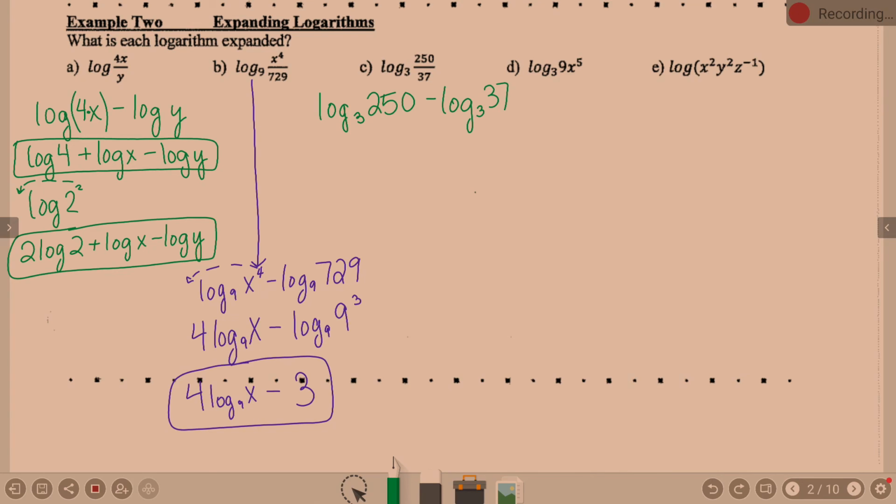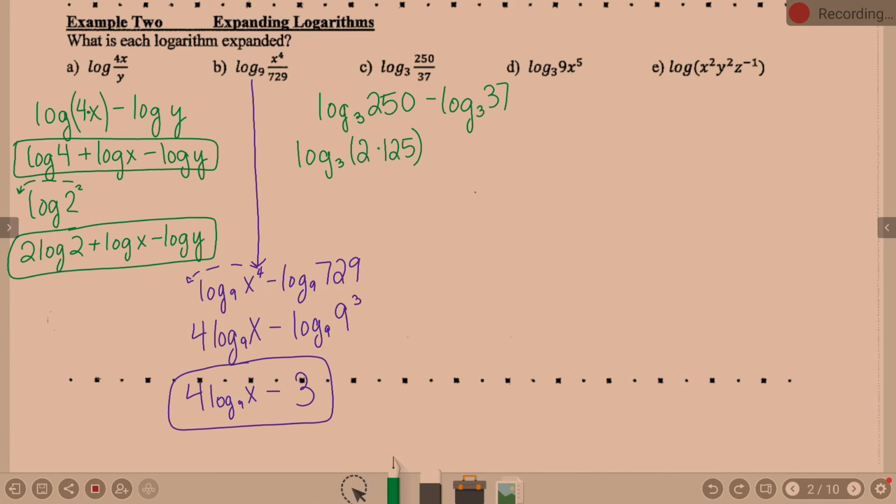So I'm going to take this log base 3 of 250, and what is 250? 2 times 125. Well, think about where I'm going with this. Multiplication inside a log can be rewritten as 2 logs being added.